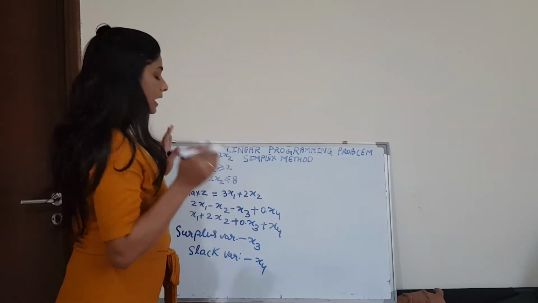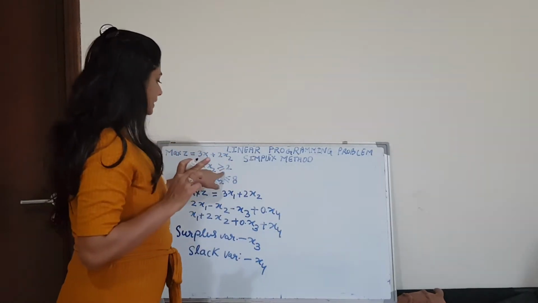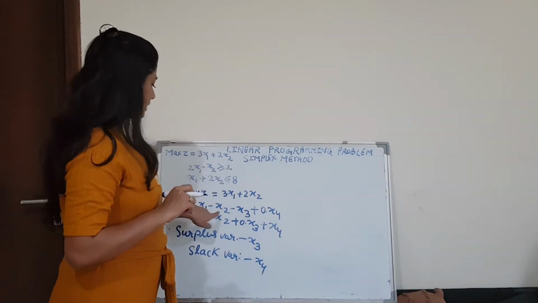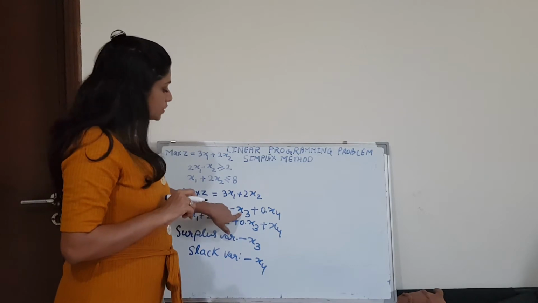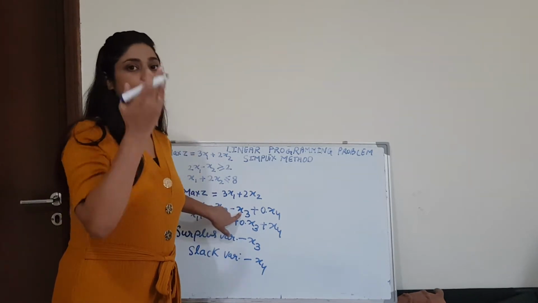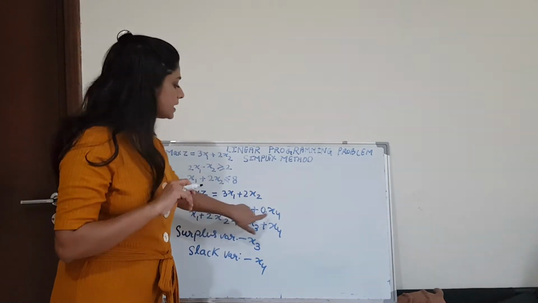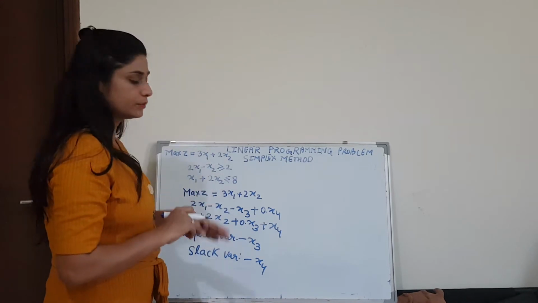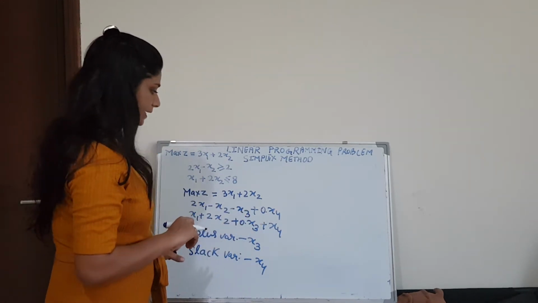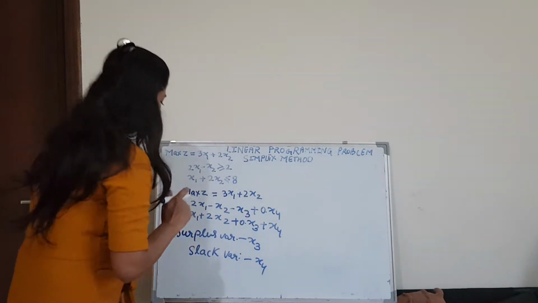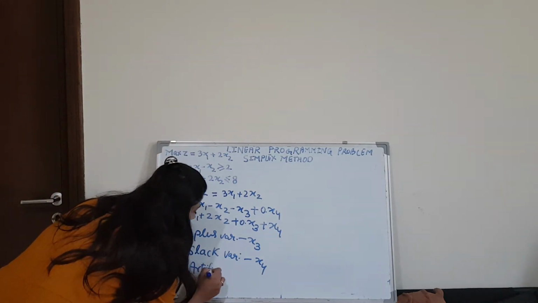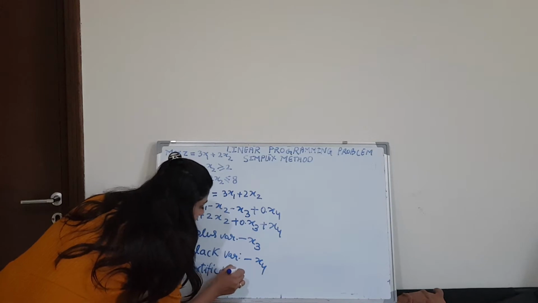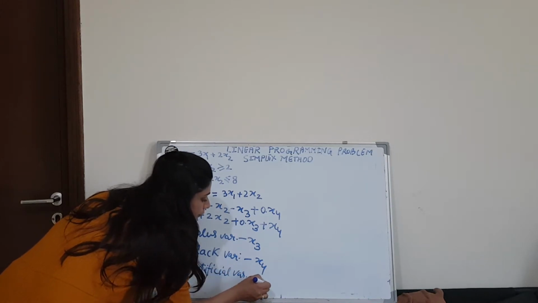Now pay attention here. In the greater than or equal form, this first equation, we have subtracted the surplus variable, so we need to add one artificial variable in this equation. x3 and x4 we have already. The artificial variable is now x5.